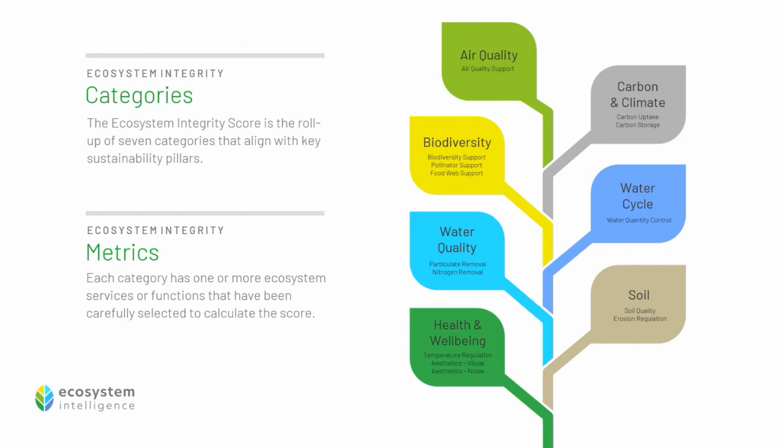It'll tell us this is how nature would perform in this location. And what our ecosystem integrity value is telling us is how close you are aligning with what nature would prefer to happen in that location.